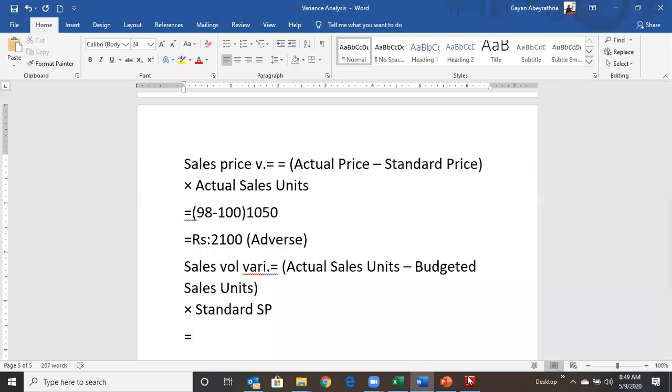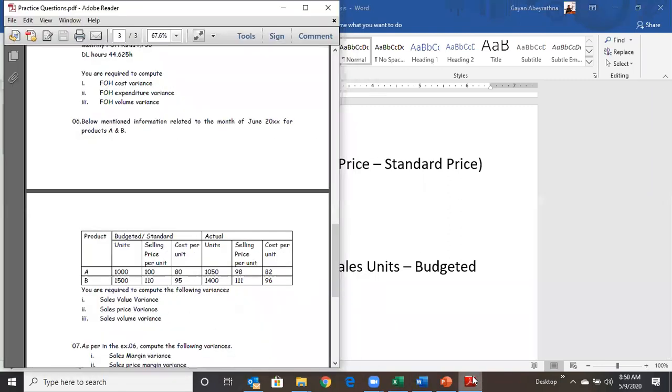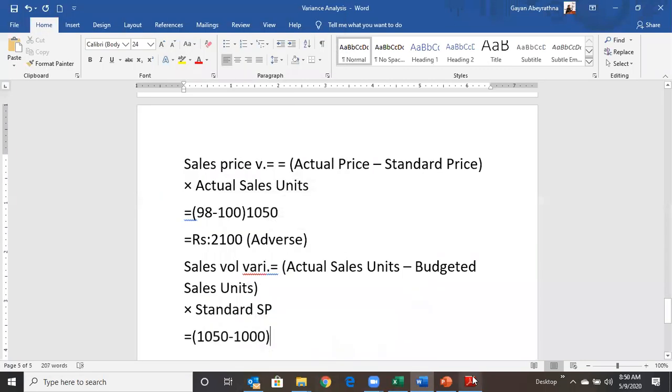Actual sales units here 1050 minus budgeted sales units, they have budgeted to sell 1000. Standard selling price in here 100.